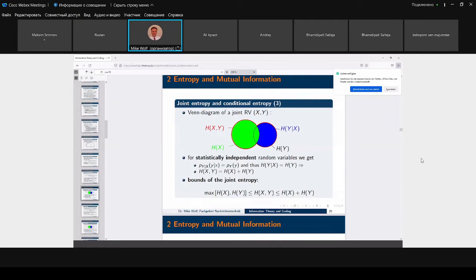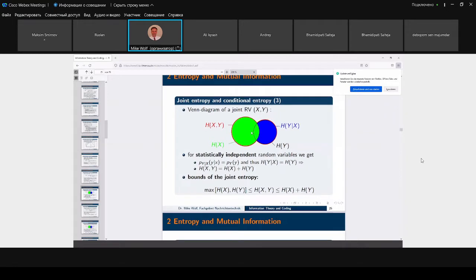So given y, is there a surprise in x? And if both random variables were statistically independent, then basically this area of y, maybe I switch this off here, would not overlap with this area of x. That's clear. So now we can proceed.